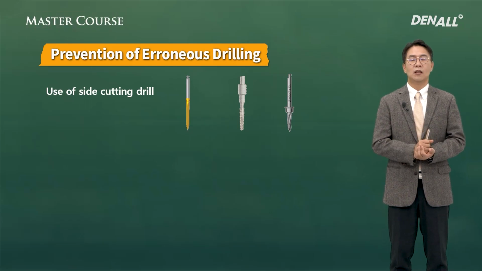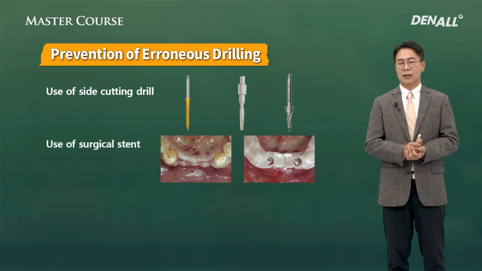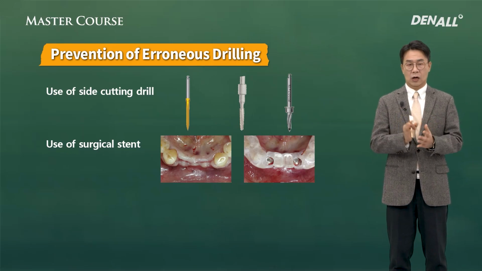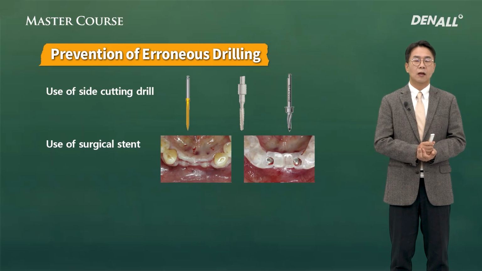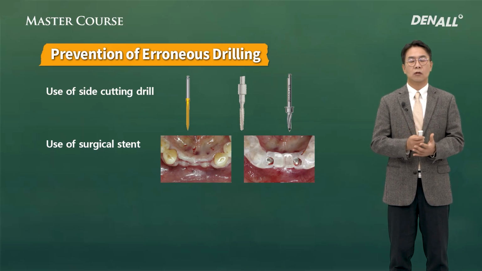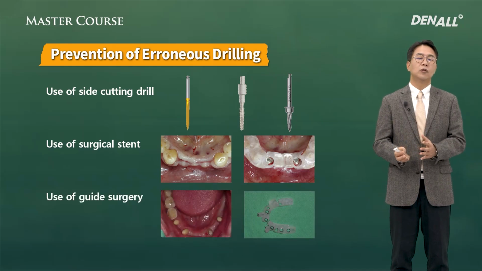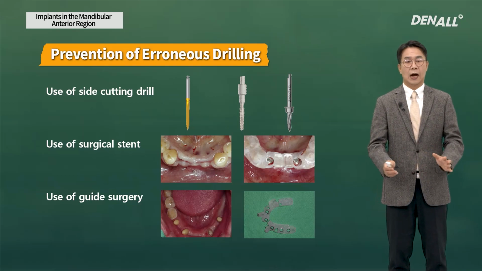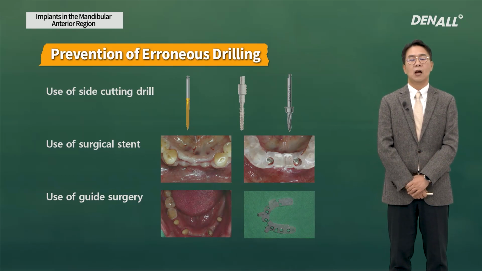As I emphasize this often, remaining true to the treatment plan is very important. So surgical stents would play a very important role for that, to accurately position the implants as we planned. The accuracy is increased with guided surgery, so guided surgery can be used partially.